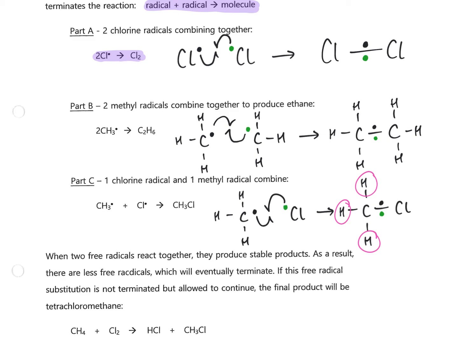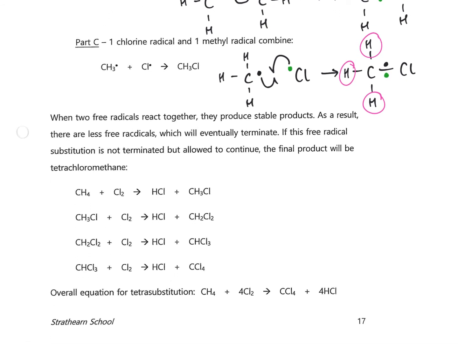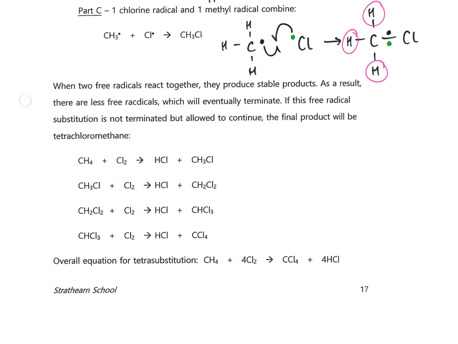If the reaction is allowed to continue, then this molecule here, chloromethane, could go on and react with another chlorine radical. And ultimately, if it was allowed to continue, we could end up with a product called tetrachloromethane, in other words, where all four of the hydrogens had been substituted by chlorines. So these reactions are summarised down below, and you can see the first reaction is the one that we have just shown the steps for producing.